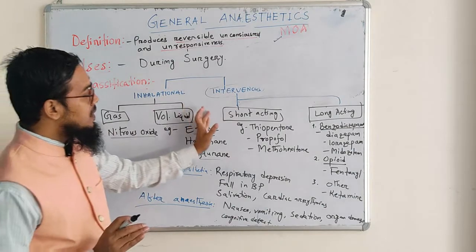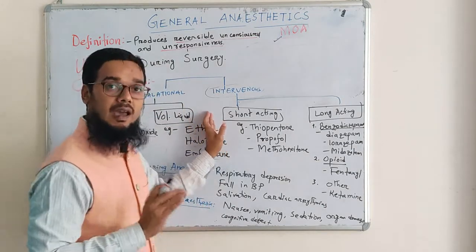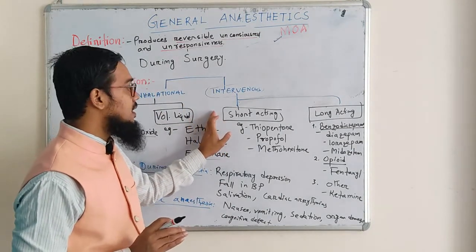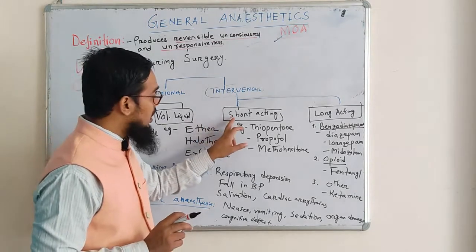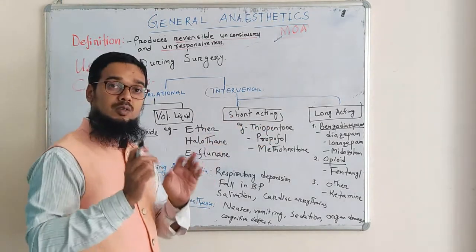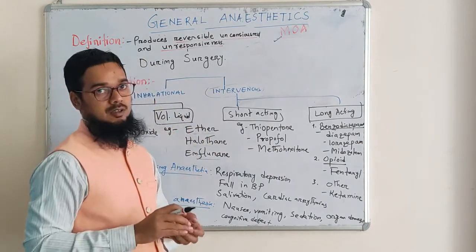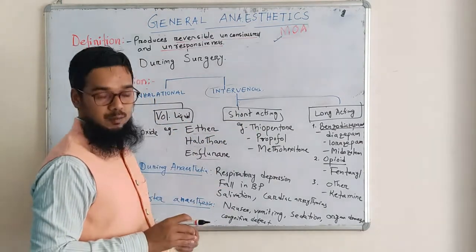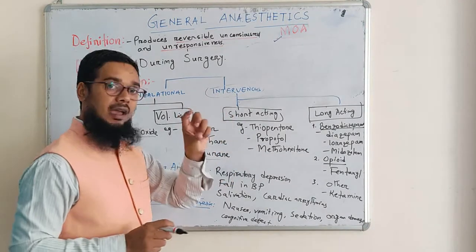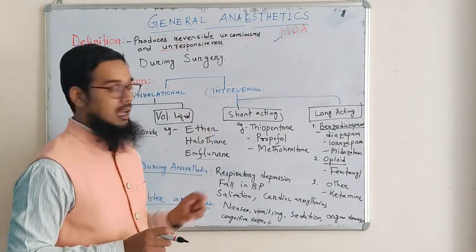In intravenous anesthesia, given in injectable form, some are short acting, meaning these drugs produce immediate action, and the duration of action is very short. That's why they are called short acting.